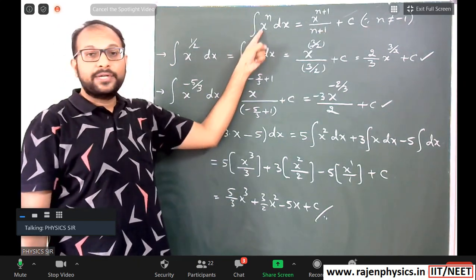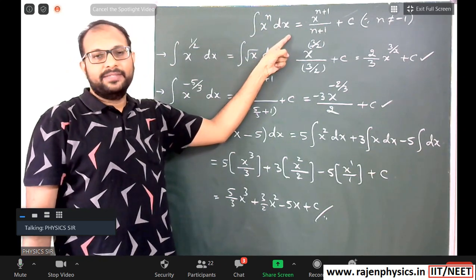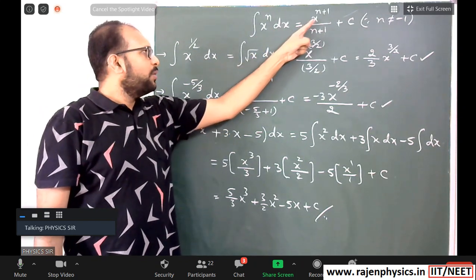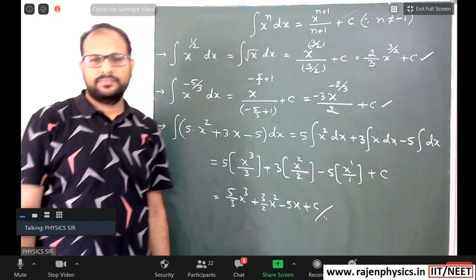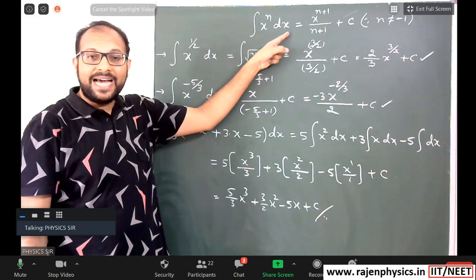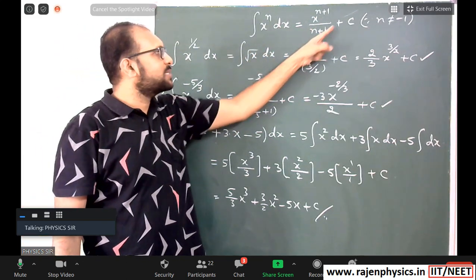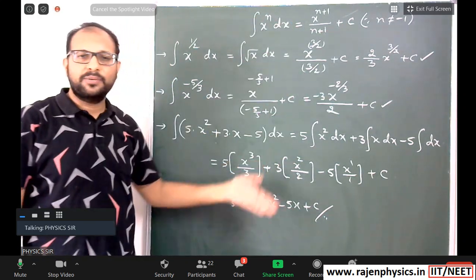Suppose integral y to the power of n dy equals y to the power of n plus 1 by n plus 1. Say, integral theta to the power of n d theta equals theta to the power of n plus 1 by n plus 1 plus constant. That's why you please remember this.